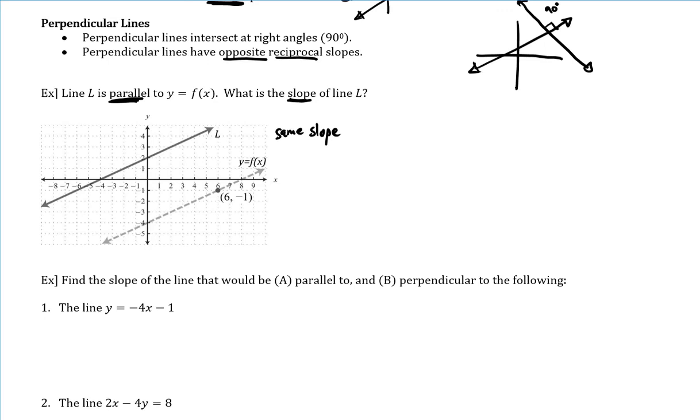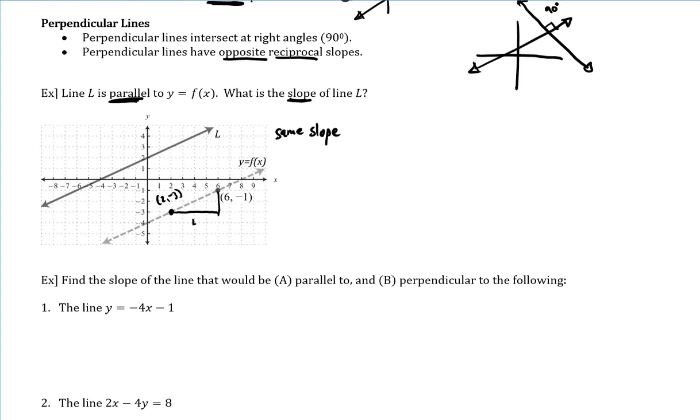Wherever I want to choose, and here they gave us a point, I could try to find where it might cross. It looks like right here is where it crosses a grid point. It's a little tough to see, but I think that's where it crosses. So we can just count the rise and the run. We can label this point 2, negative 3.